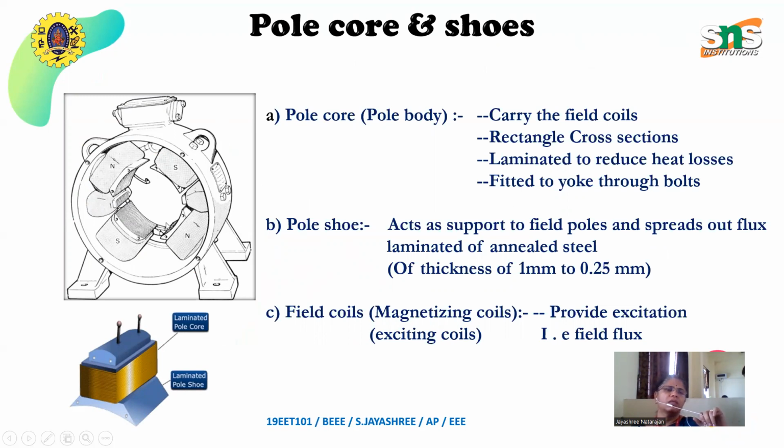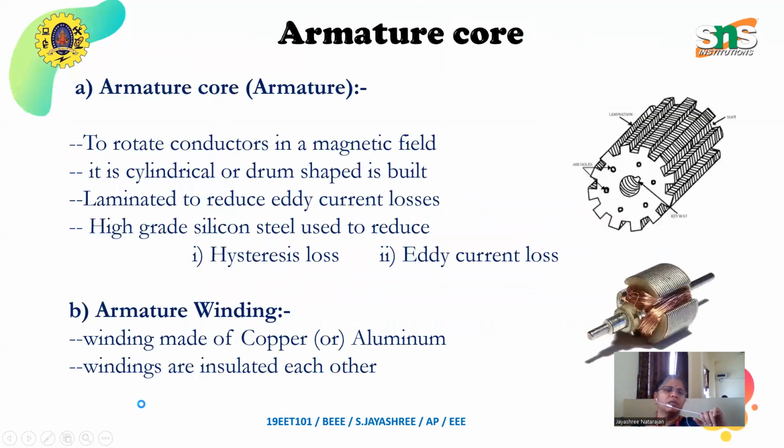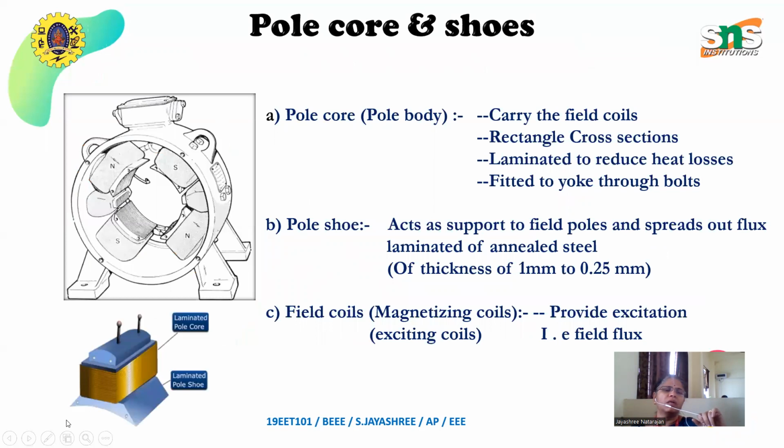Next, this portion we call the pole shoe, which spreads the flux evenly inside the machine. Inside the machine, the flux is present in the air gap. The pole shoe spreads the flux uniformly inside the machine.